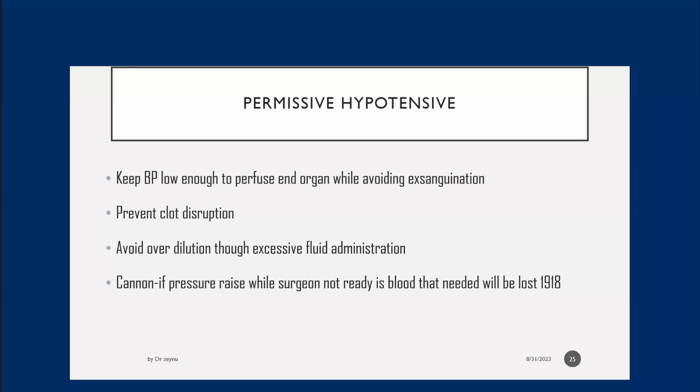Those are the techniques of the permissive hypotensive resuscitation principle. We need to avoid overuse of fluids. Cannon, a well-known surgeon, told us in the 19th century that whenever the pressure rises while the surgeon is not ready, the blood that is needed will be lost.